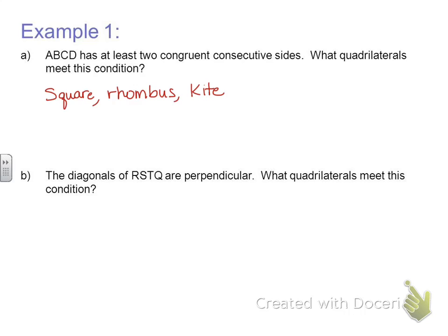So the rhombus was the very first one that we learned that had perpendicular diagonals. And then you have to remember that since a square is a type of rhombus, it would also have perpendicular diagonals.